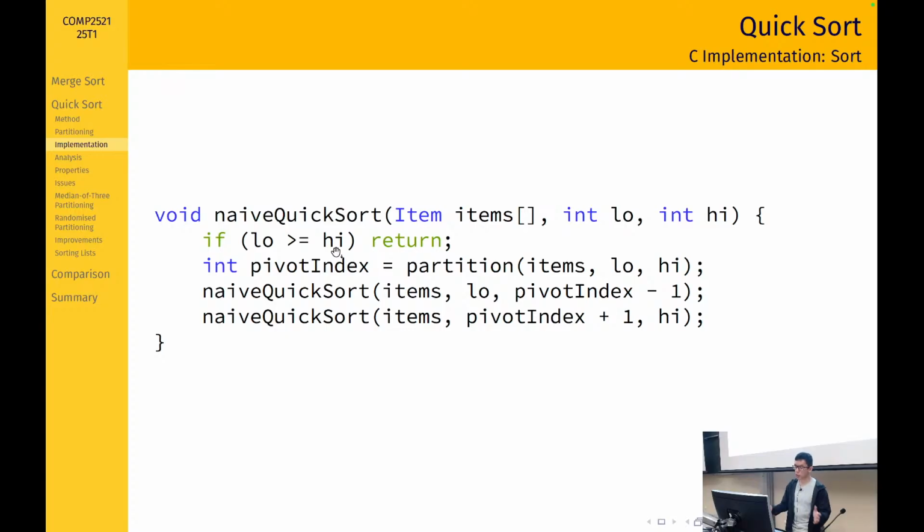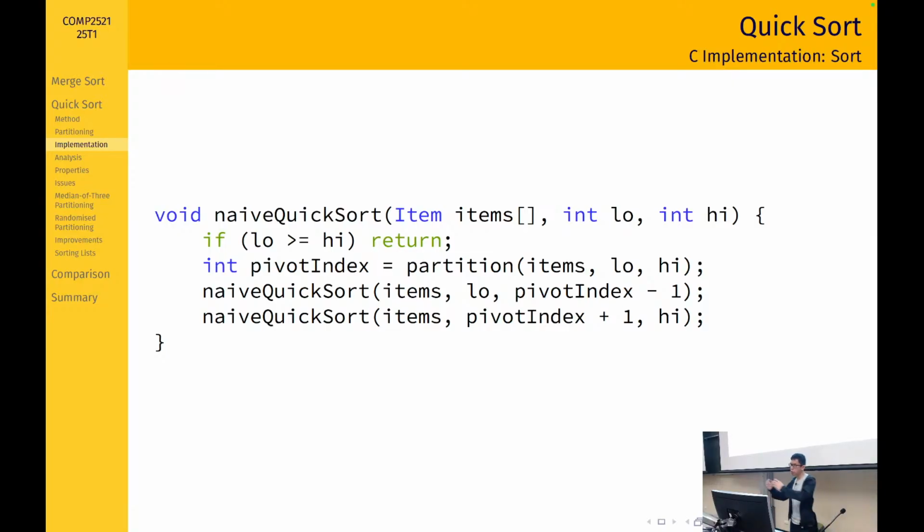Okay, so if that's the case, then we just return because the array is already sorted. And otherwise, we call the partition function, right? So that function will partition the array around a pivot, and importantly, it returns the index where the pivot ended up, right?